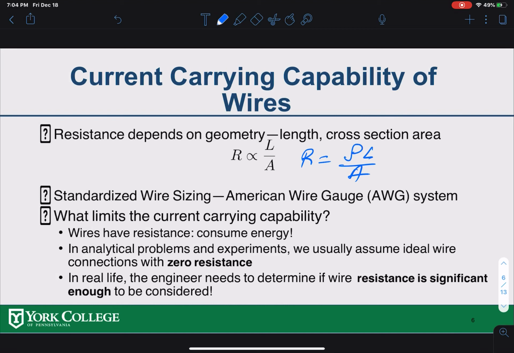So in America, we use AWG, which is the American Wire Gauge System for the wire. You have a handout for that. Every wire gauge has its cross-section area, diameter, and also the current rating. And there are two current ratings, worst case and best case. Worst case means if you're using the wire in a very confined space like conduit, there is less space for heat dissipation, and each wire is also generating its own heat, so it'll be more heated.